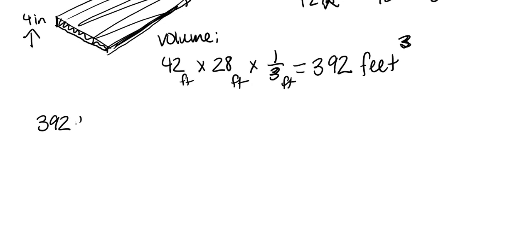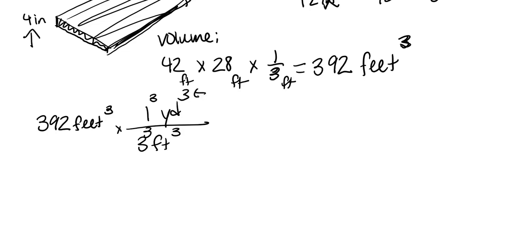So let's go ahead and do this. We have 392 feet cubed. Then we need to go from feet to yards. Well, we know that 3 feet is equal to 1 yard. So as we're dealing with cubic, right, we're dealing with volume, we're going to have to not only raise everything to the 3rd power just for the units, but also for our numbers.